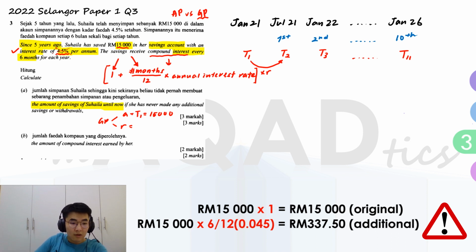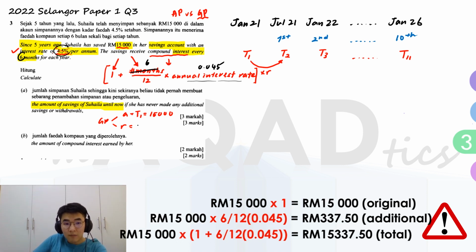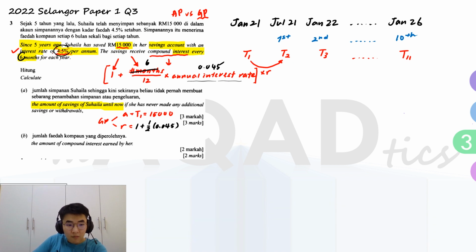Okay, so here according to our question, number of months is 6, because every 6 months you will receive 1 payment. Okay, so when you use 6, and the annual interest rate will be this 0.045. So our R would be 1 plus 6 over 12. This also means 1 over 2. That's 0.045. Okay, so now we have all the information that we need.